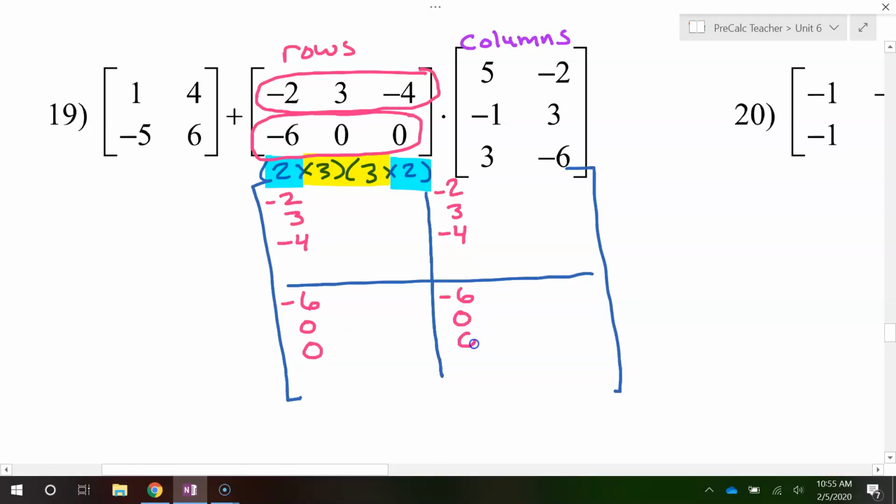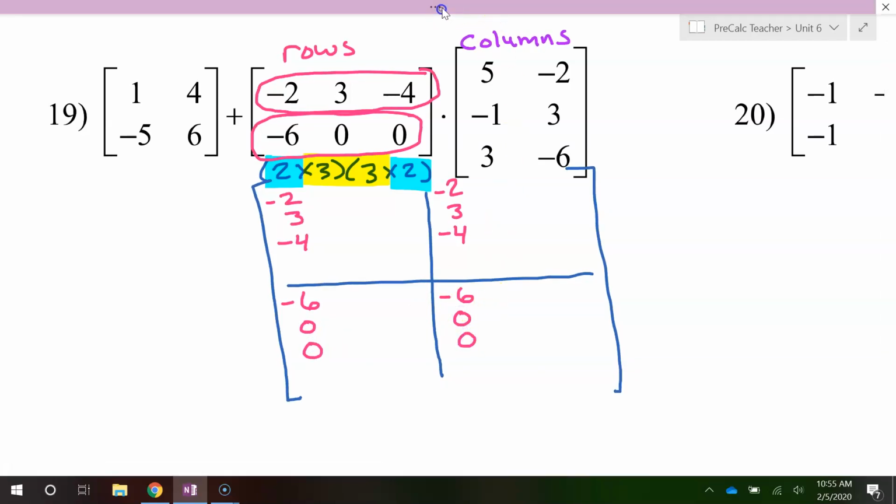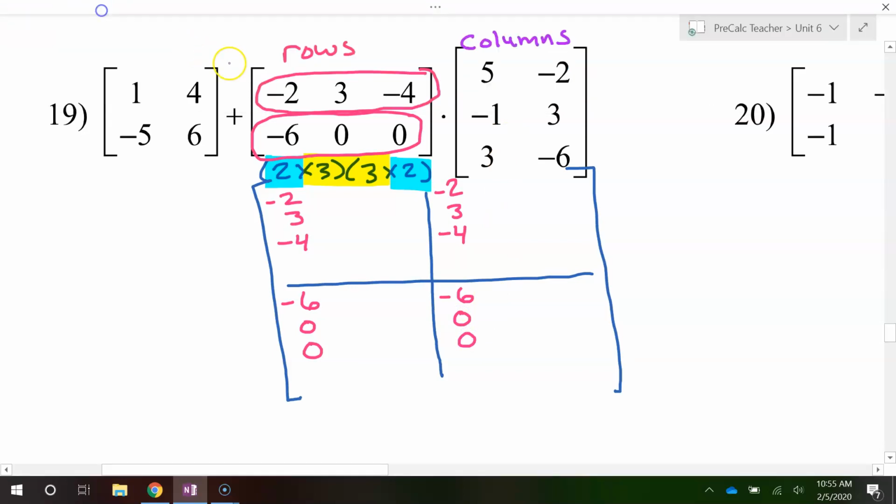Now we do the columns. Column 1 goes down column 1. And column 2 goes down column 2.